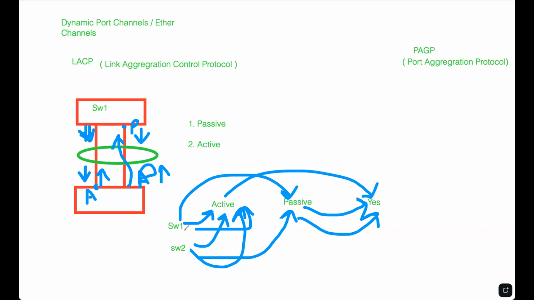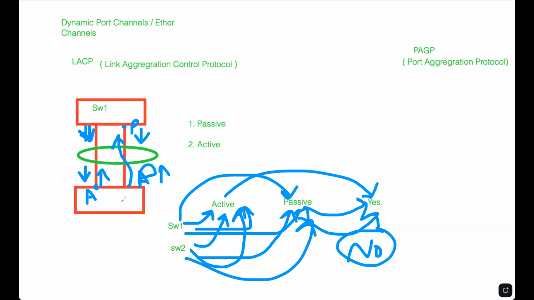If switch 1 is passive and if switch 2 is passive, then the port channel will not form. If both the sides are passive, then the port channel will not form, even though if one side is active, then the port channel will be forming. So that is how the negotiation works.